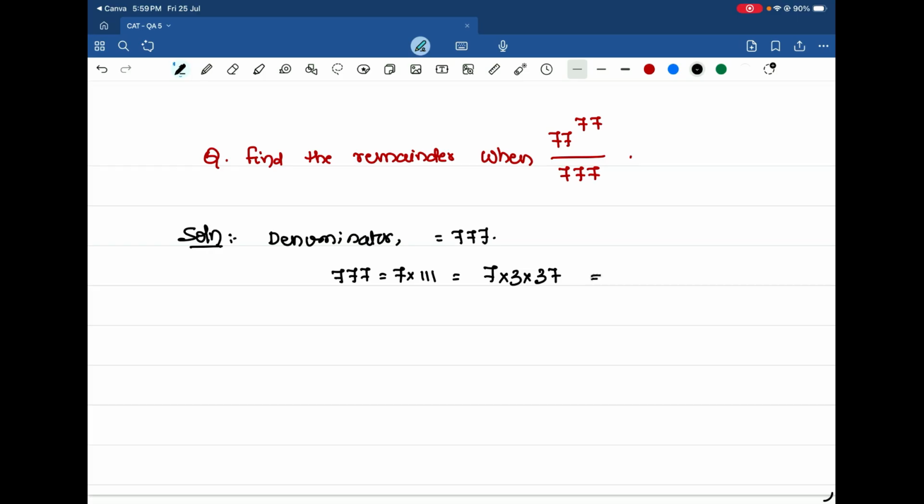These are the factors. 37 is a prime number. We have to stop factorization till we get the prime number. The factors are 7, 3 and 37.